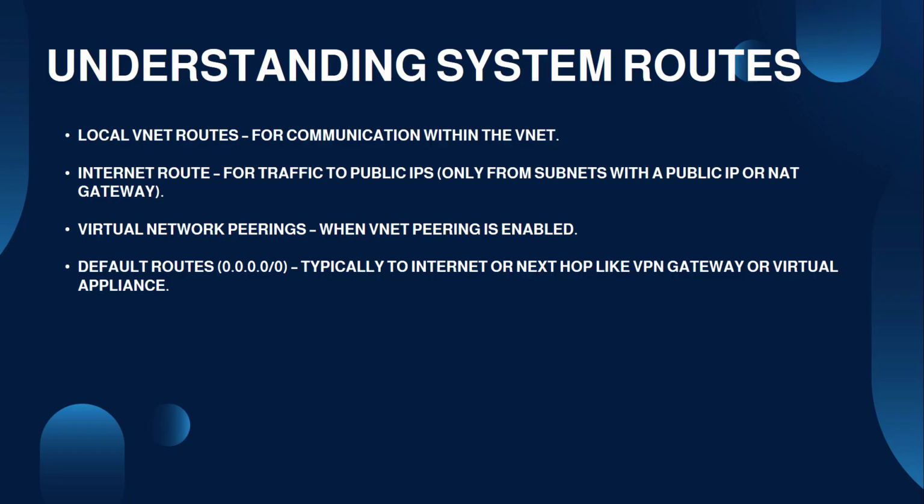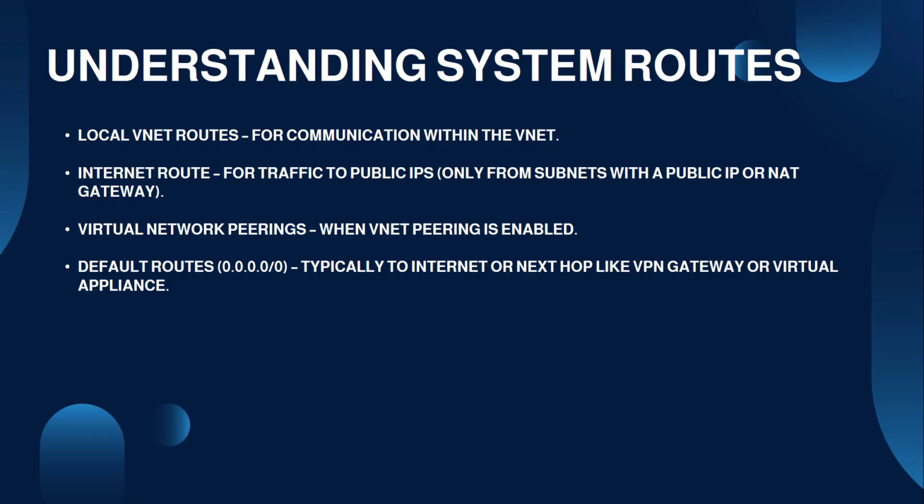Automatically you can ping the machines, and internet flow, everything is working. That is taken care of by Azure. This is called system routing. Internet routing: by default the traffic to the public is allowed, so that is also taken care of by the system routing. Virtual network peering: within the VNet, whenever you create a subnet, the peering of the virtual network is done by itself. That is taken care of by the system routes.